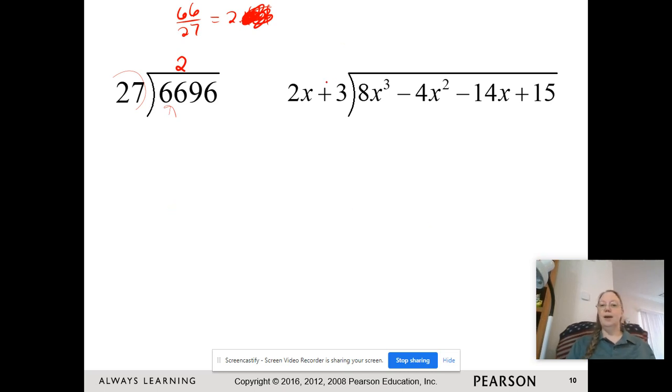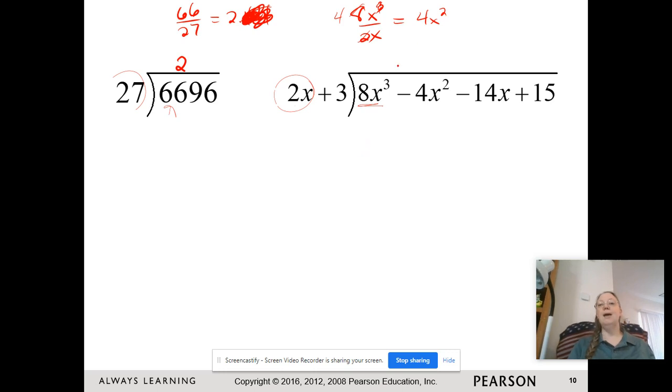Now I'm going to jump over to this problem. We start exactly the same way. Only this time we check to see how many times 2x goes into 8x cubed. Another way of saying that is, what is 8x cubed divided by 2x? Well, 2 goes into 8 4 times, cancel the x, and I'm left with x squared, so 4x squared.